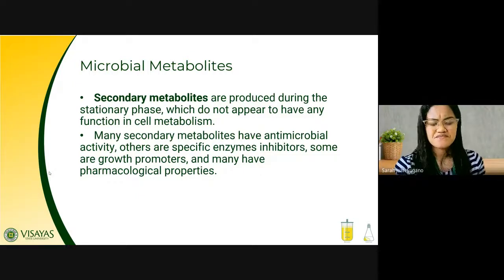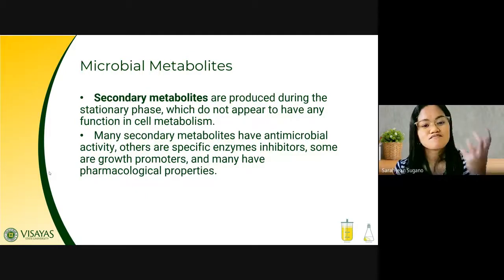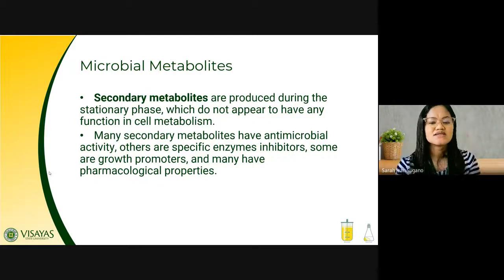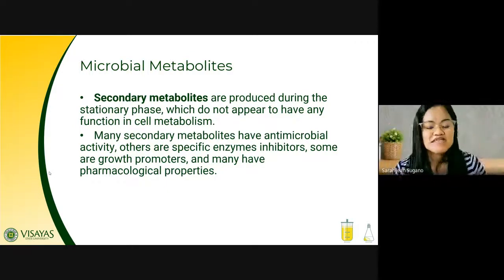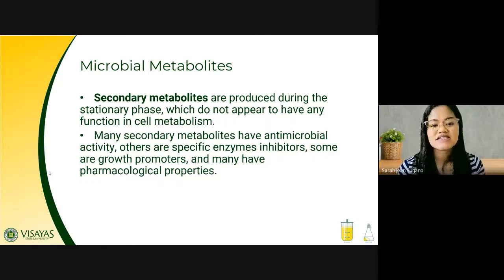Okay, and then the secondary metabolites are produced now. These secondary metabolites may have antimicrobial activity, which can be used as a defense mechanism of these microorganisms against other compounds or other microorganisms present in their niche, for example in the environment, or they may be specific enzyme inhibitors.